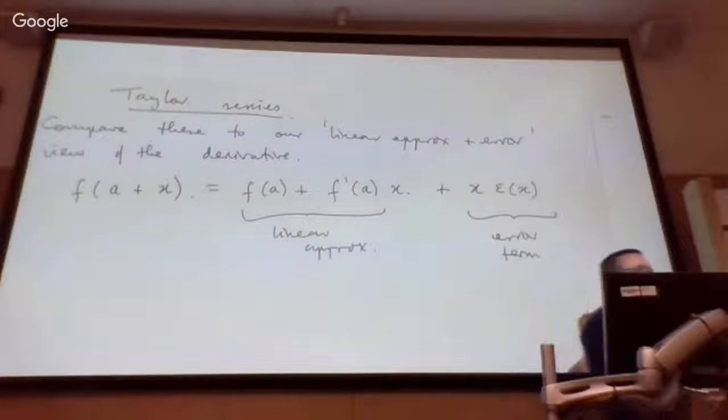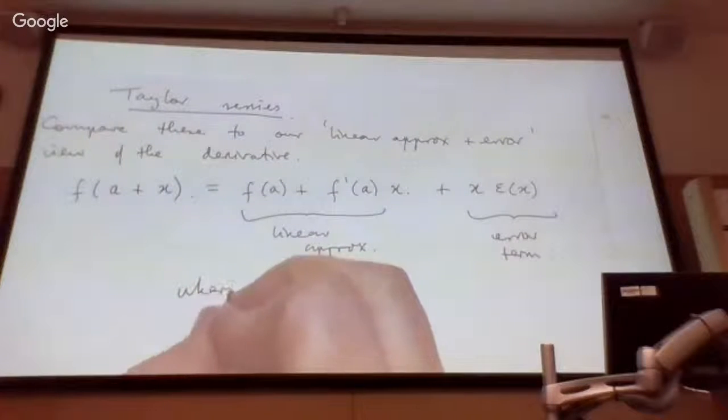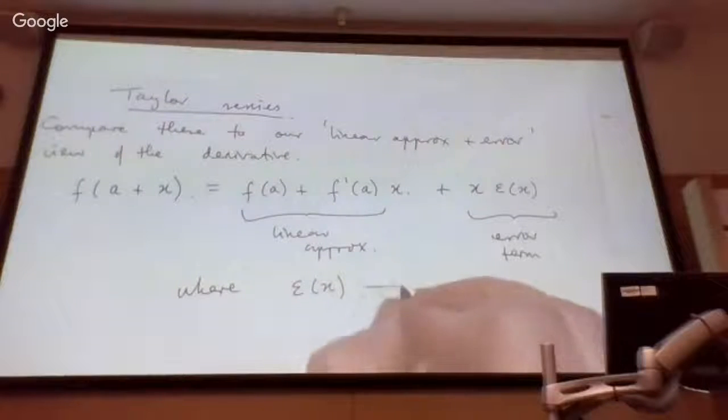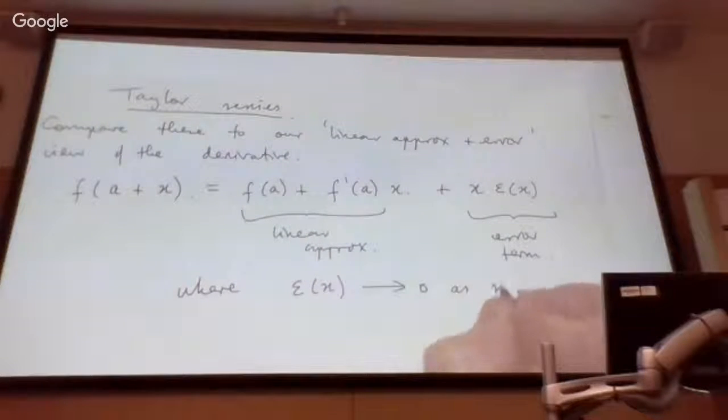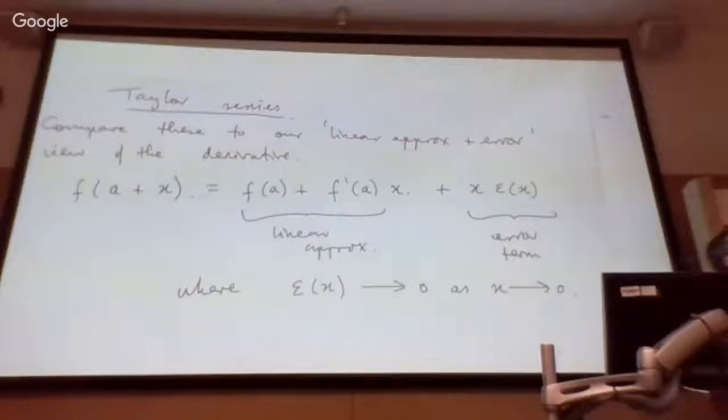And it does go to 0, but we get even more than that. Not only does the error term go to 0, but the error term divided by x, which is this function epsilon of x, also goes to 0 as x goes to 0. So the error term has this kind of second order convergence to 0 in x.